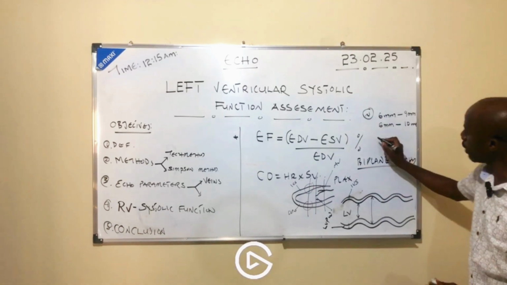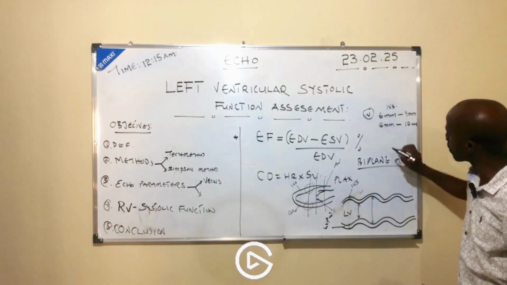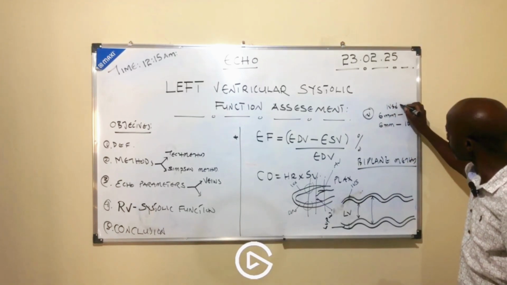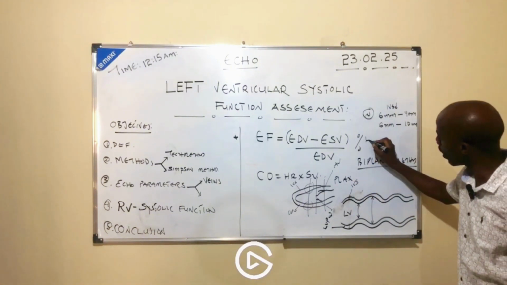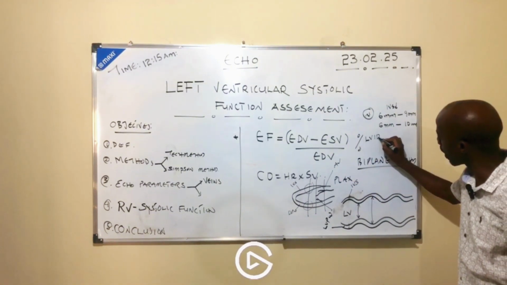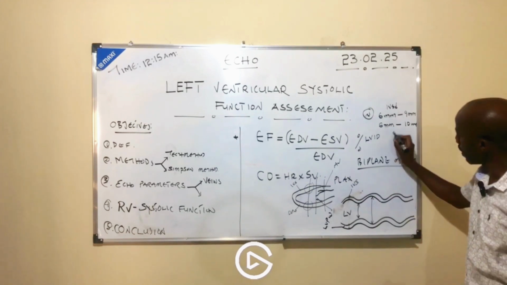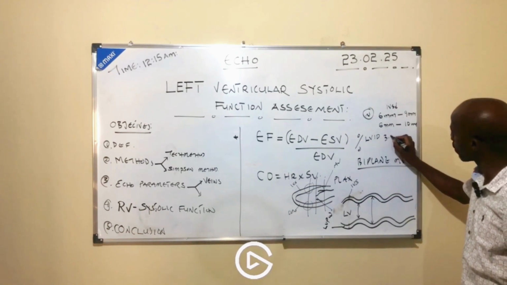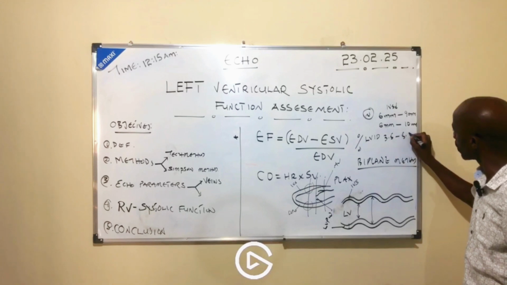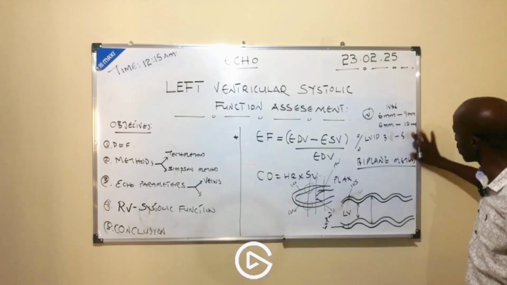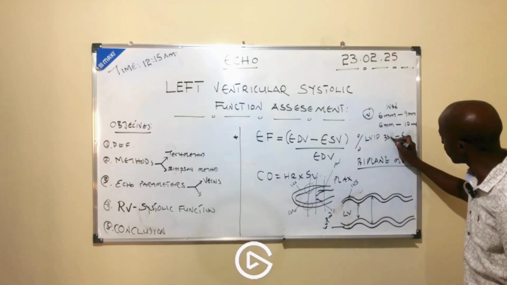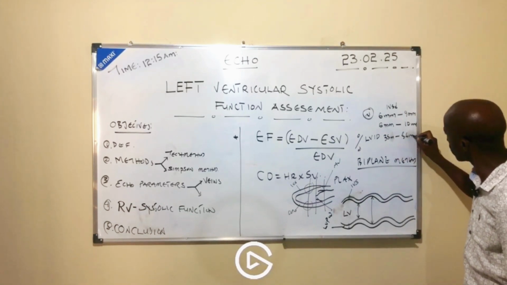This is for the IVS thickness in diastole. And then you can also have the left ventricle internal diameter. This ranges between 3.5 to around 5.6 centimeters, or you can use 35 millimeters to around 56 millimeters.